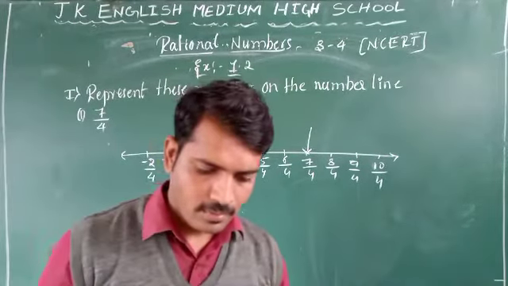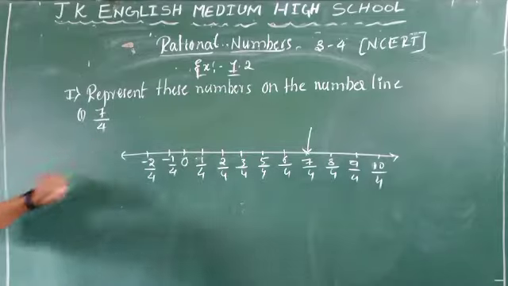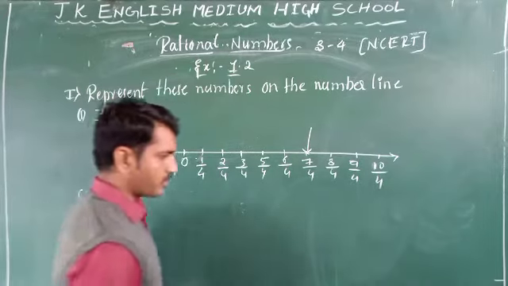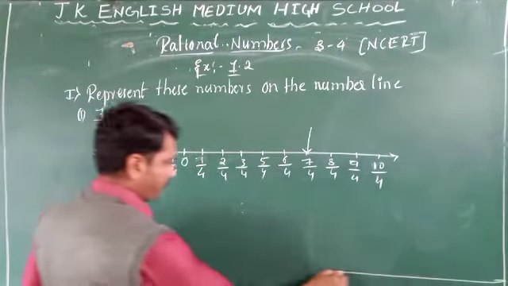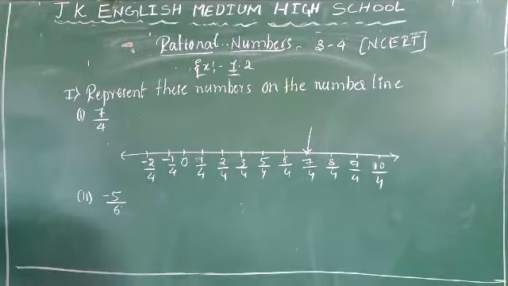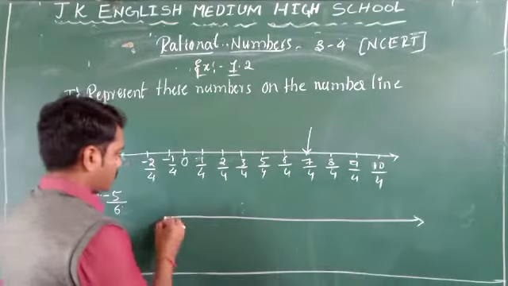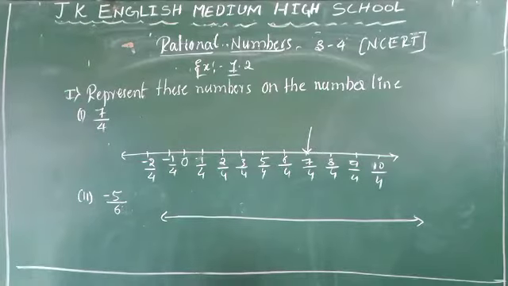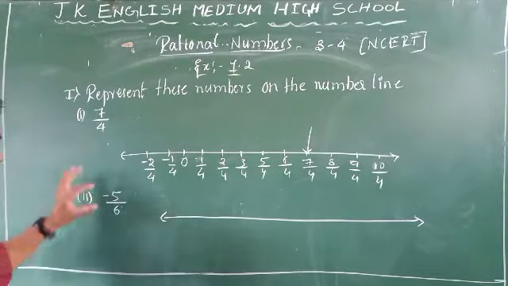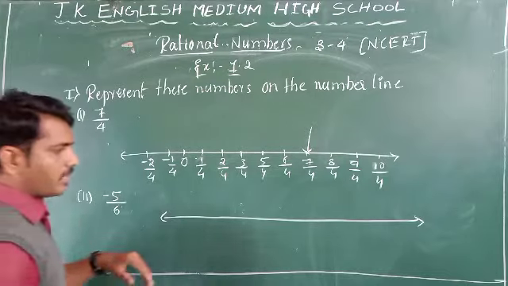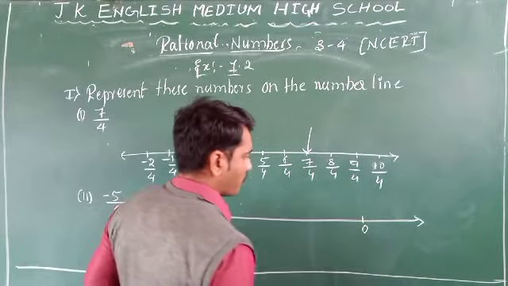Next, minus 5 by 6. Question number 2, minus 5 by 6. How will you represent it? Same as before. Draw a straight line and mark both sides. Minus 5 by 6 is on the minus side, so we have to extend the minus side. Put 0 here.